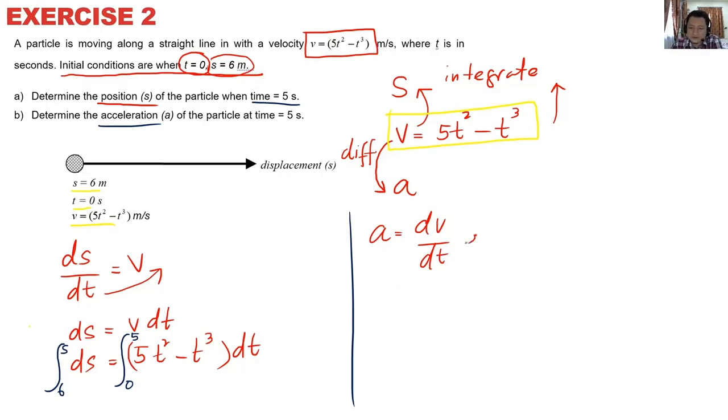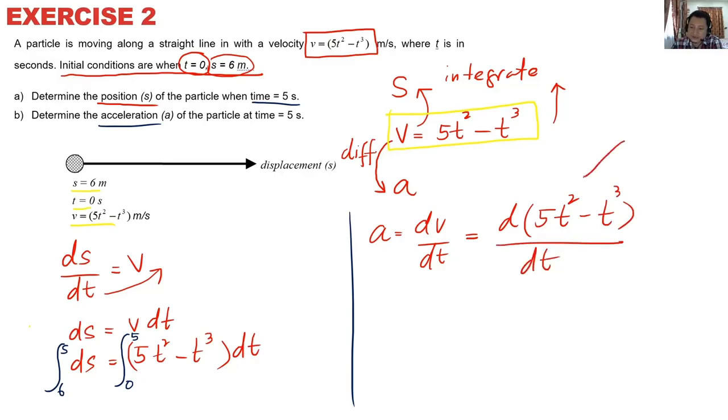The correct way to write this is d(5t squared minus t cubed) over dt.